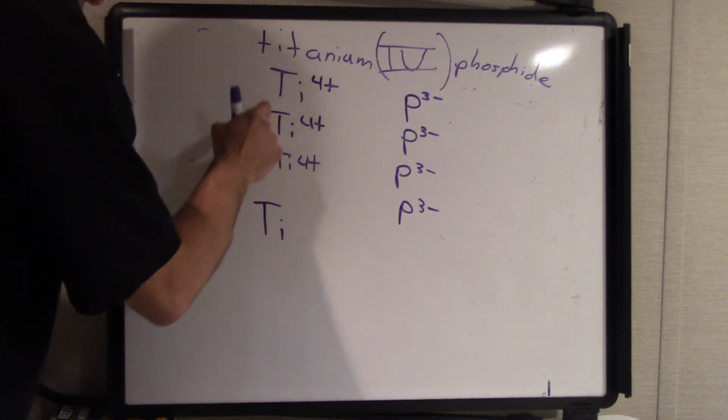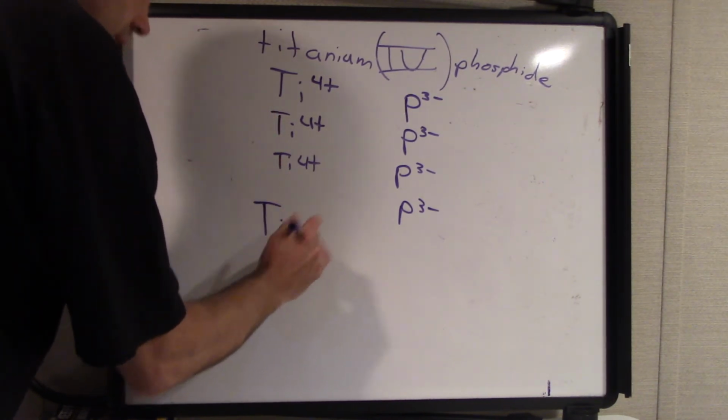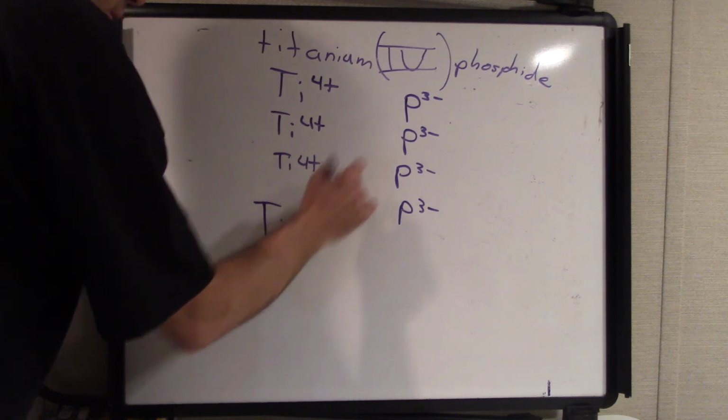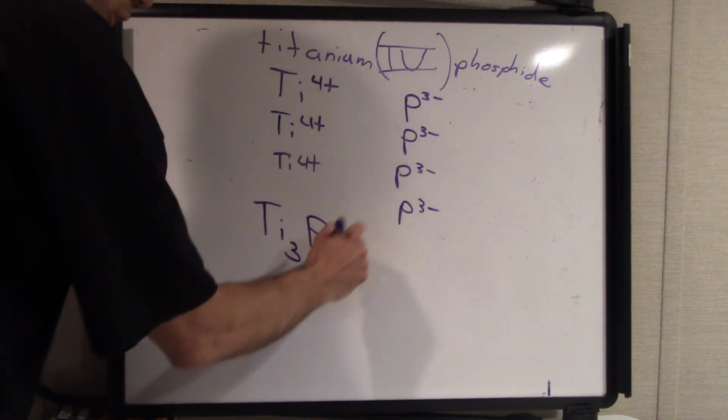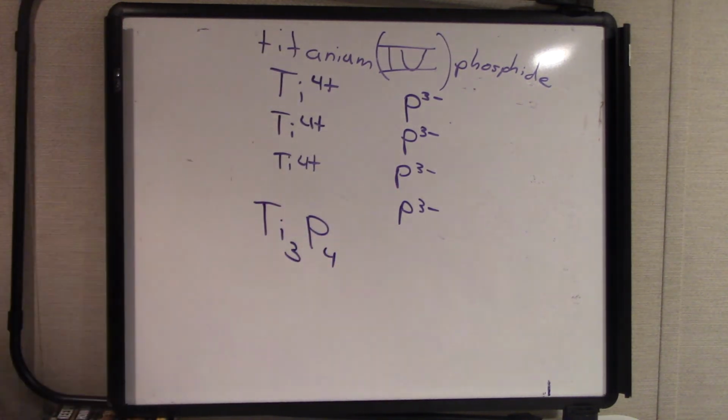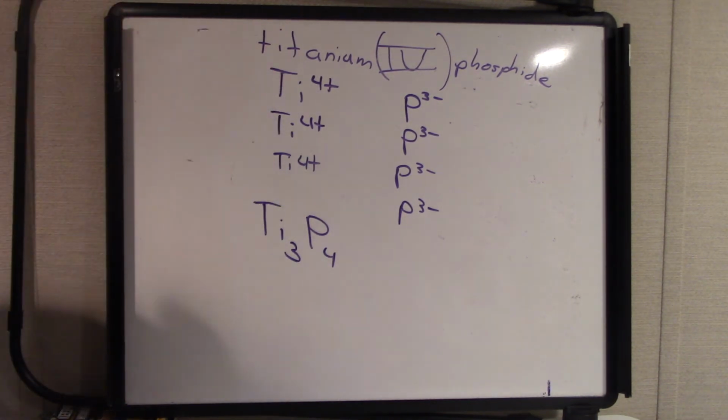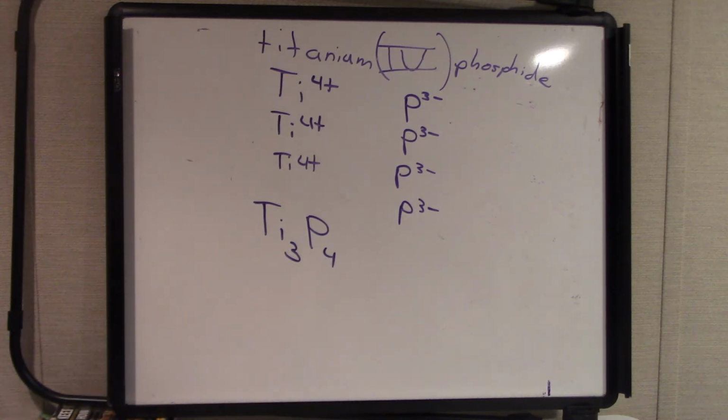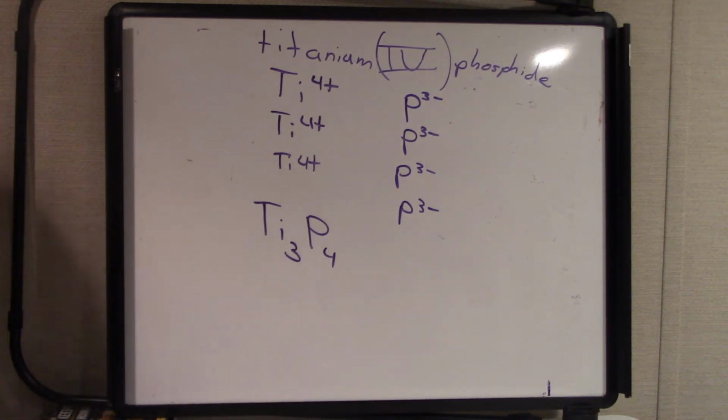I have 1, 2, 3 titaniums and 1, 2, 3, 4 of the phosphide. So I'm looking at a final formula of Ti3P4. Charge balance still works whether you have transition metal ions or not. That doesn't end up going away.